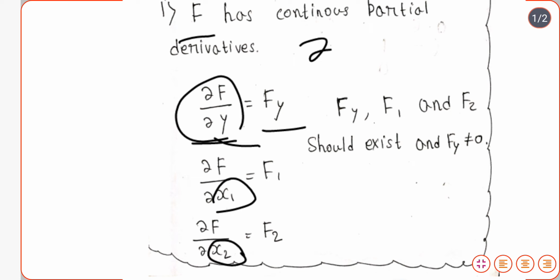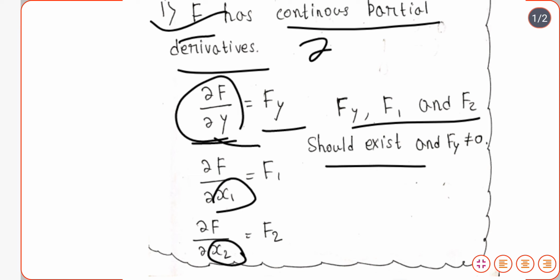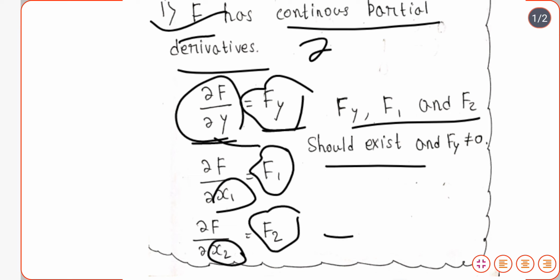So the first condition, that f has continuous partial derivatives, is ticked, and fy, f1, f2 should exist. We can easily see that they exist, but they should have a definite value. I mean to say, these are definite values that can be obtained, and fy should not be equal to 0. If fy is equal to 0, then the function can't be implicit.